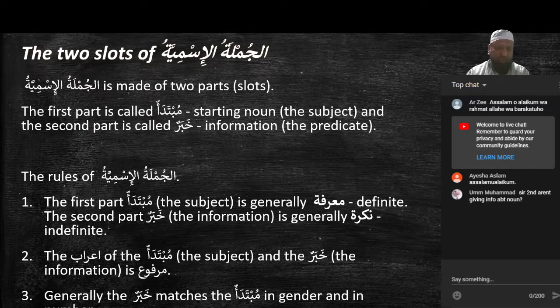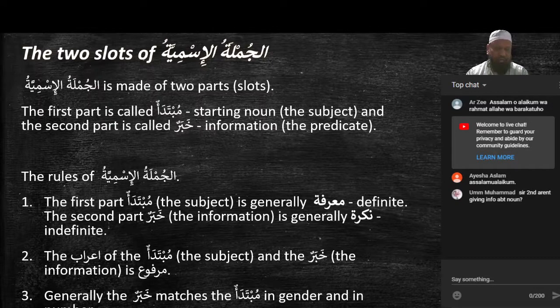Rule number three. Generally, the khabar matches the mubtada in gender and in number. So mubtada, we can start with anything. We can start with mudhakkar. We can start with muannas. But khabar has to match. If the mubtada is mudhakkar, khabar will match mudhakkar.